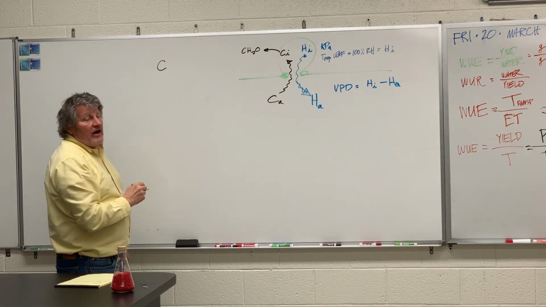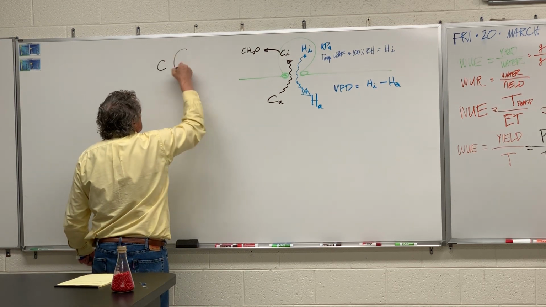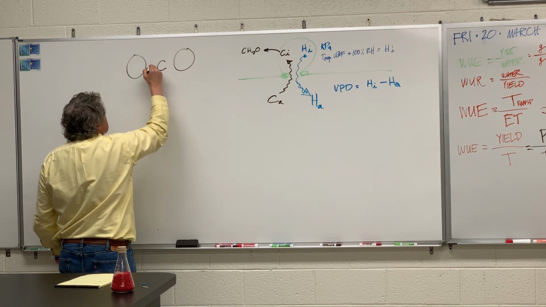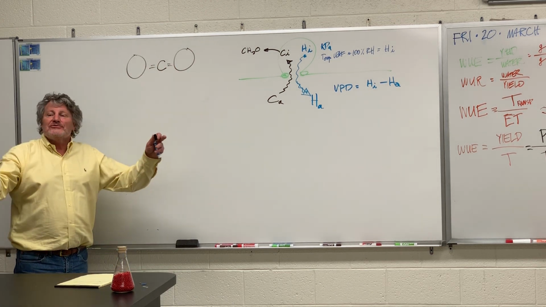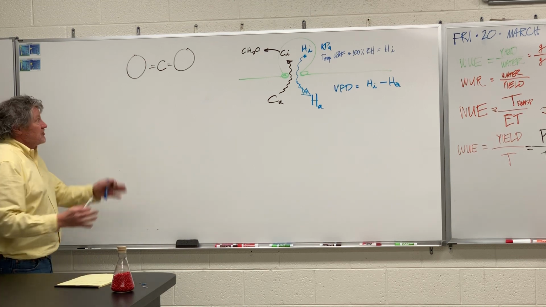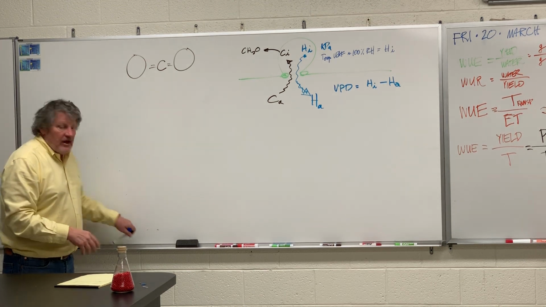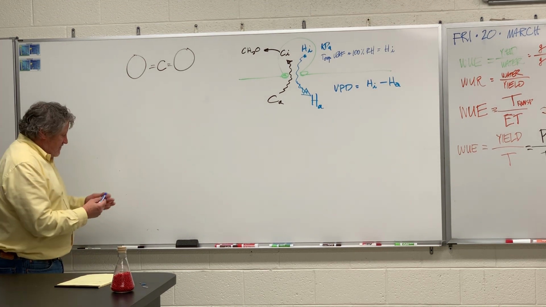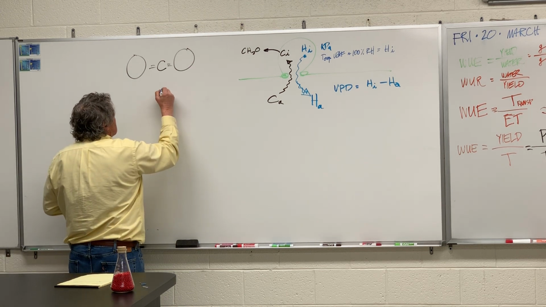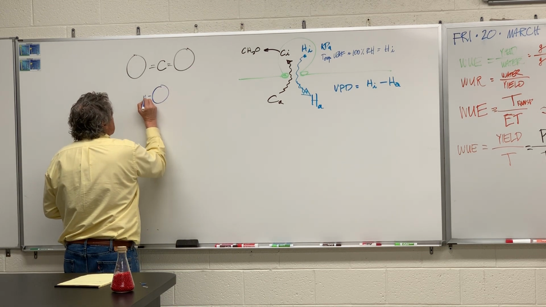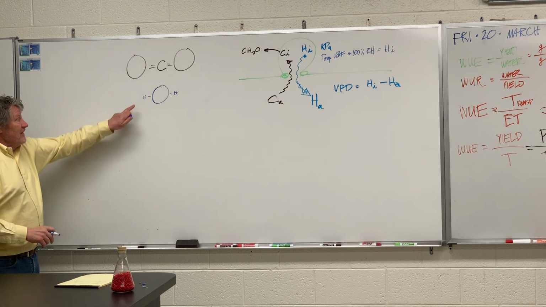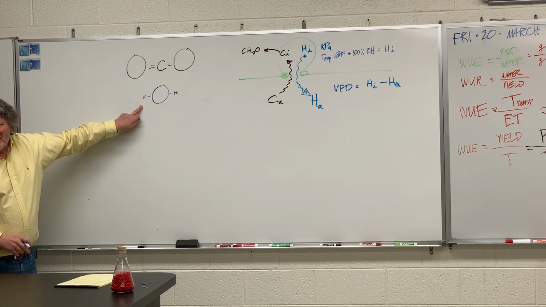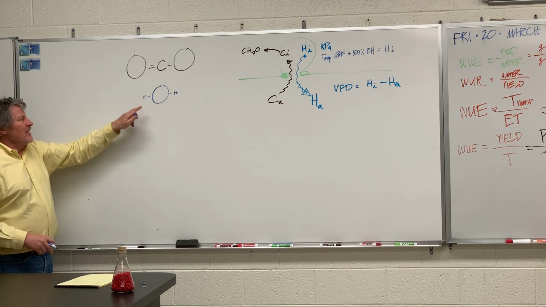C is 12, oxygen is 16. There's CO2, a scale drawing of CO2. Oxygen's bigger than the C. Now let's do H2O. H is 1. It's teeny. Guess what?